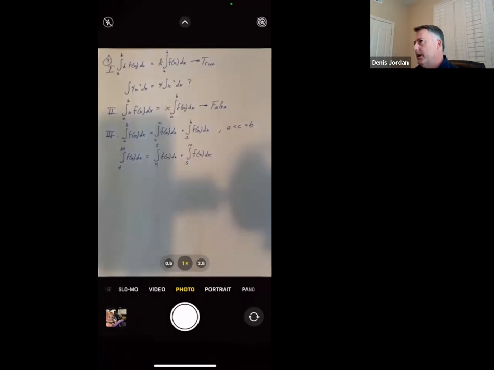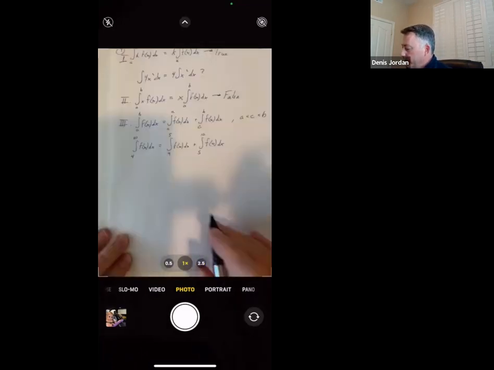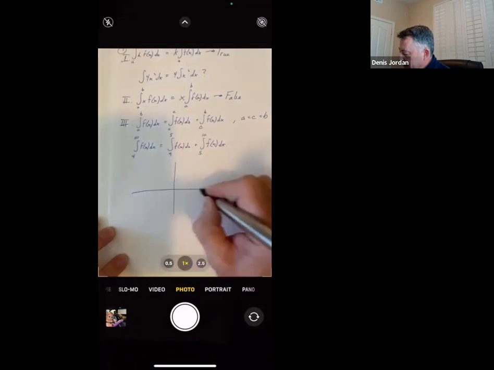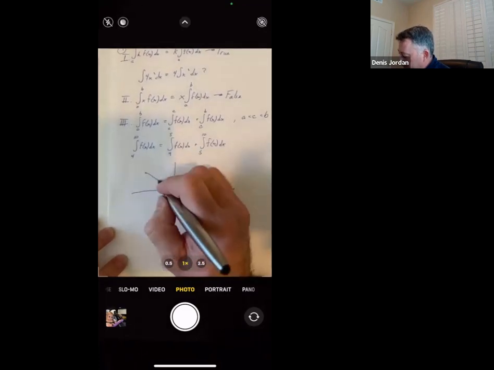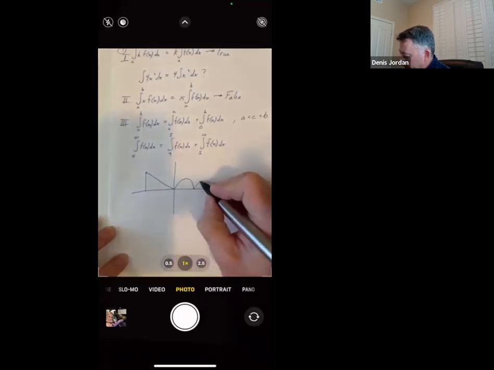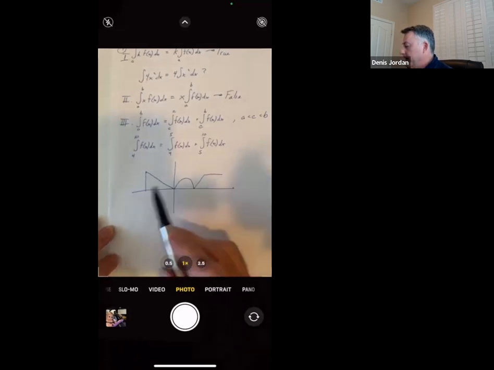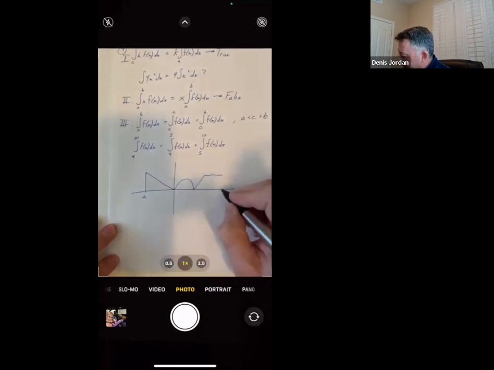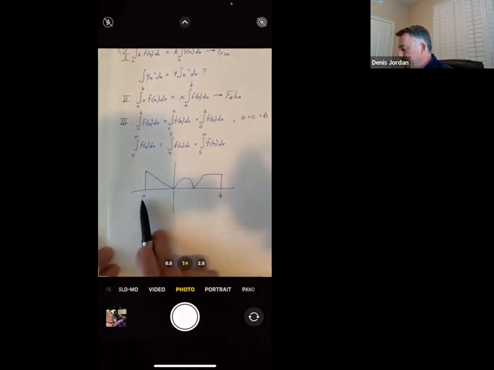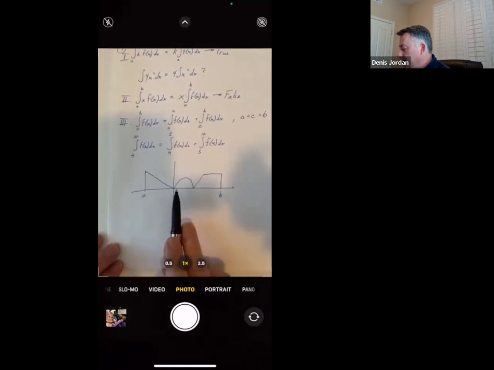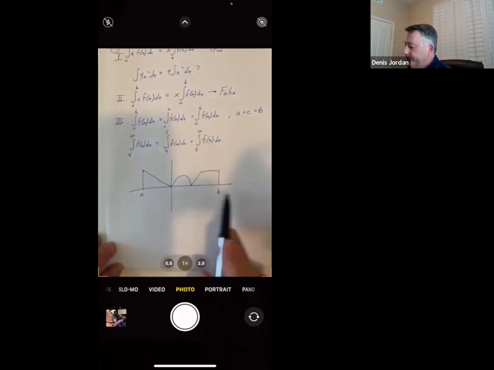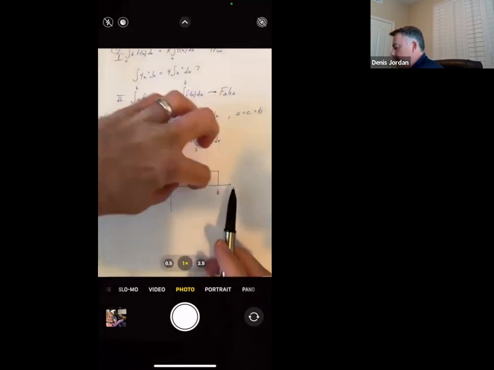Where it gets practical in this class is like when you had a whole graph of a bunch of different shapes stuck together, like a triangle, and then a circle, and then another triangle, and then a rectangle, going from A to B. We broke it apart into sections, like from A to 0, or 0 to wherever, and then that number to B. And then it wanted the whole thing, because you're just adding up the individual areas.